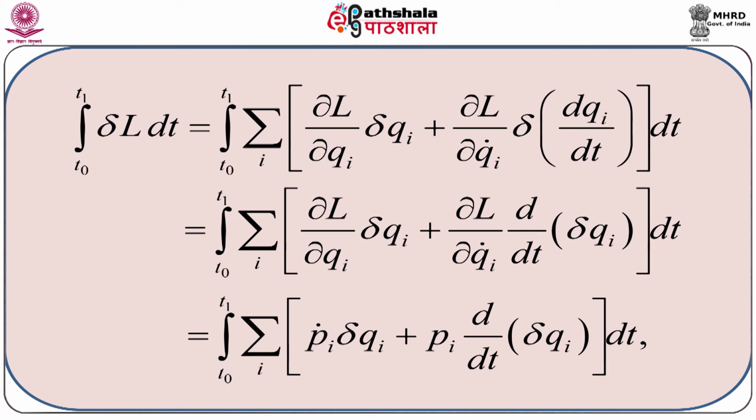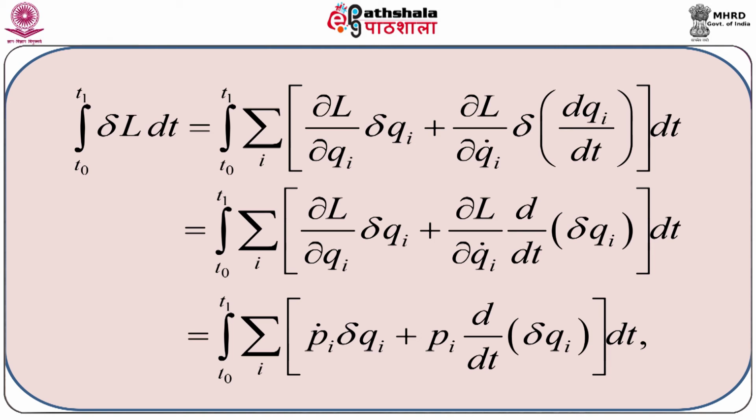Therefore, the integration t0 to t1 of δ L dt equals the integration t0 to t1 of the summation over i of ∂L/∂qi δ qi plus ∂L/∂qi dot δ qi dot, dt, which equals the integration of the summation over i of ∂L/∂qi δ qi plus ∂L/∂qi dot d/dt of δ qi, dt.